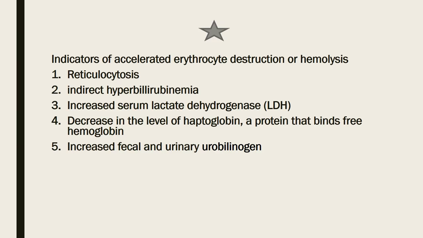It is a protein that binds the free hemoglobin, and fecal and urinary urobilinogen level will be increased. And when you go for the peripheral blood smear, you have to identify the abnormal RBC morphology, which is specific for specific hemolytic anemia.